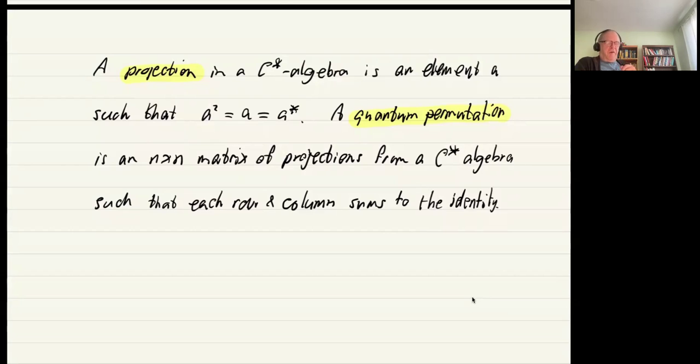The concepts are different. Now, for our purposes, it doesn't much matter, since it turns out that it doesn't matter which variant you use. Deciding whether two graphs are quantum isomorphic is undecidable, so one's not easier than the other. And everybody will agree that the quantum permutations we use sit inside the quantum automorphism group.